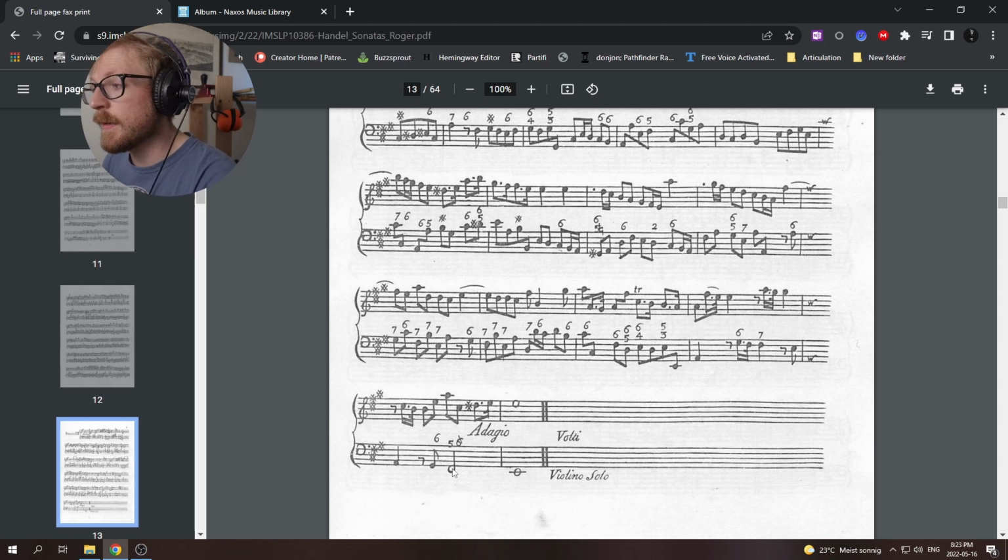Or what could be the case, and what happens a lot when you have singers singing cadenzas at the end of a da capo aria, is that they take the adagio section. Obviously it's not a Phrygian cadence, it's a regular cadential formula, but you have this 5, and then they sing their cadenza, and then 5 1.